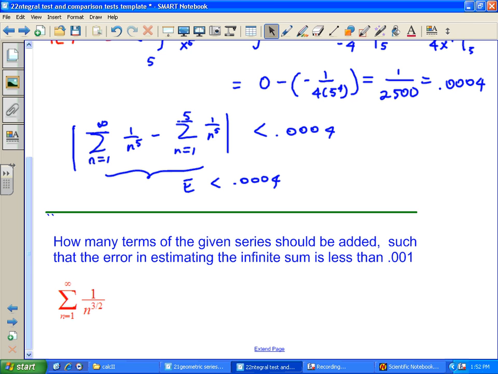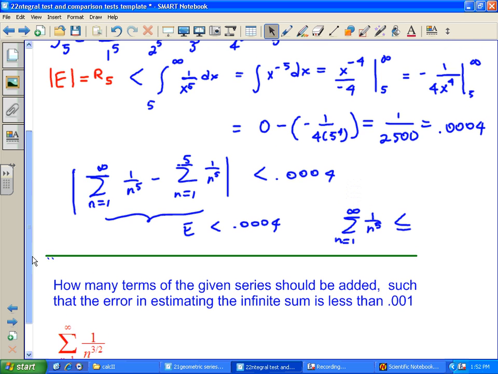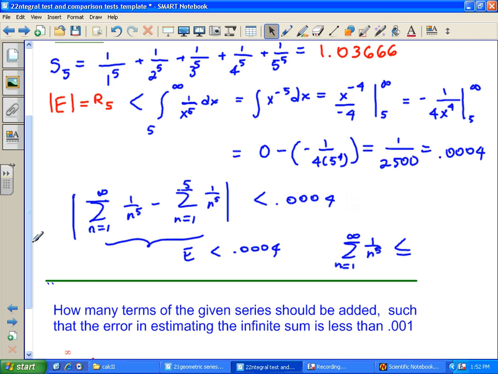We can also write it like this. Basically, we are saying that this infinite sum is going to be less than or equal to, what was the answer we got for the sum of the first 5 terms? 1.0367, plus the error, 0.0004.